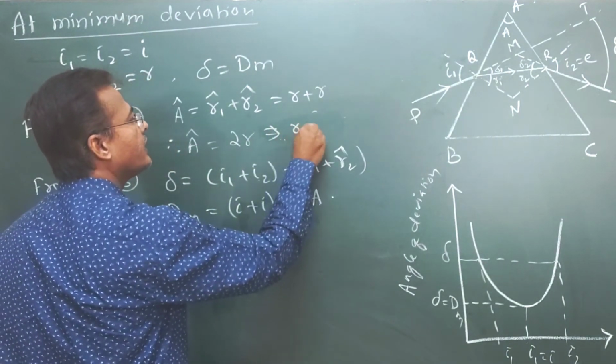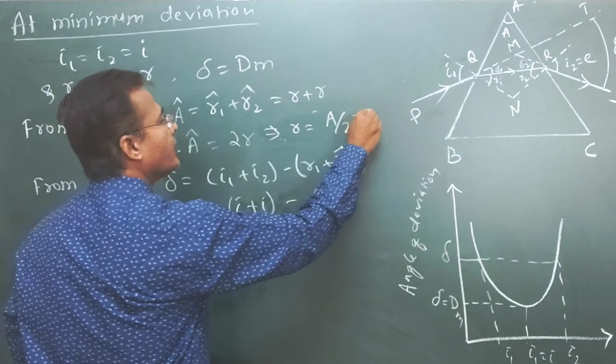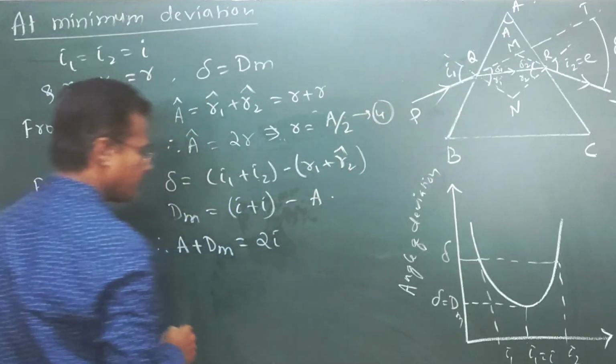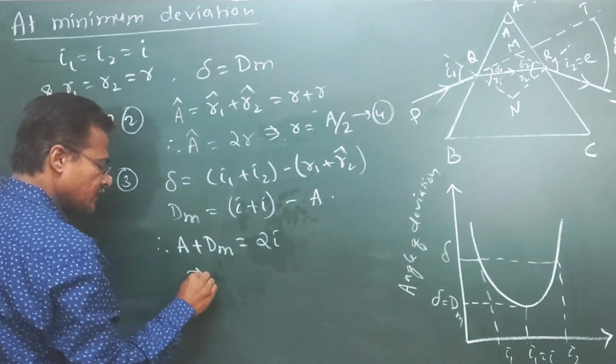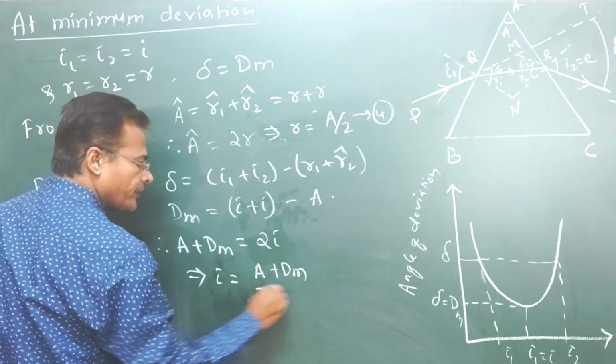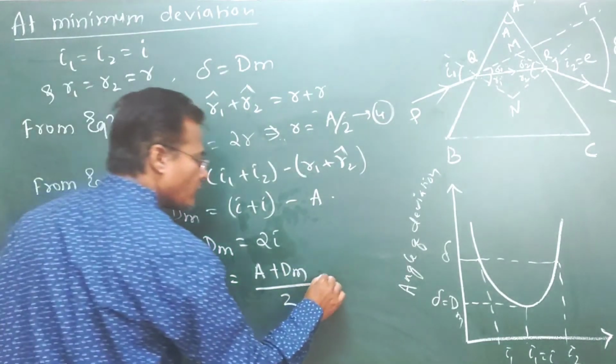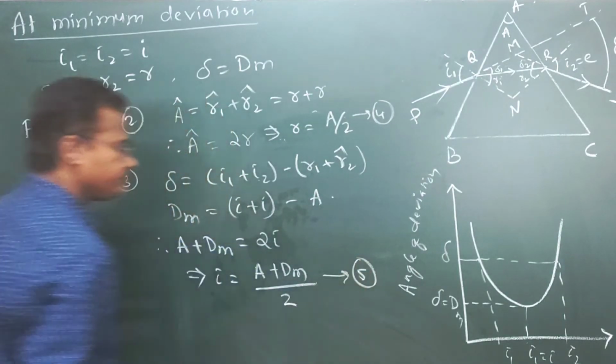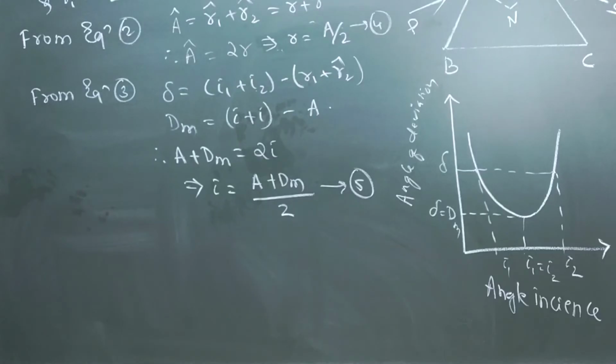We can rewrite R equal to A by 2 as equation 4. In this one, I equals A plus dm divided by 2. We call this equation 5.